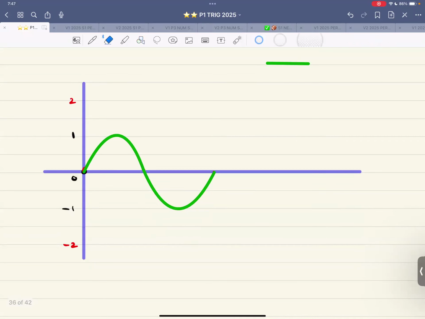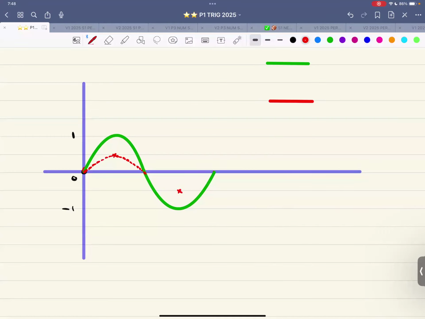Let me remove this thing from here. And let me draw the graph of y equals half sine x. So now over here, this is half, this is half. The graph goes like this.